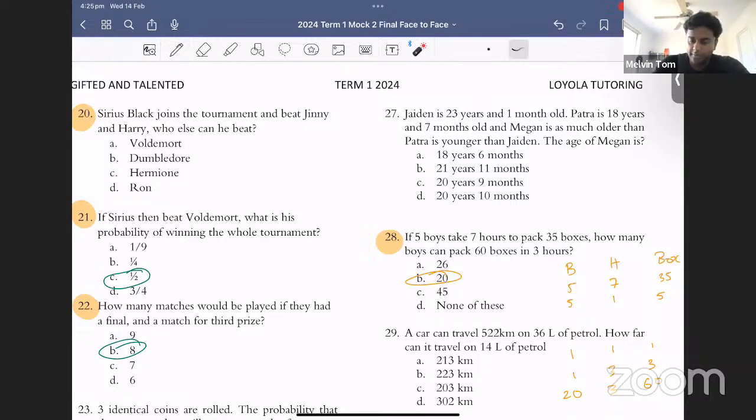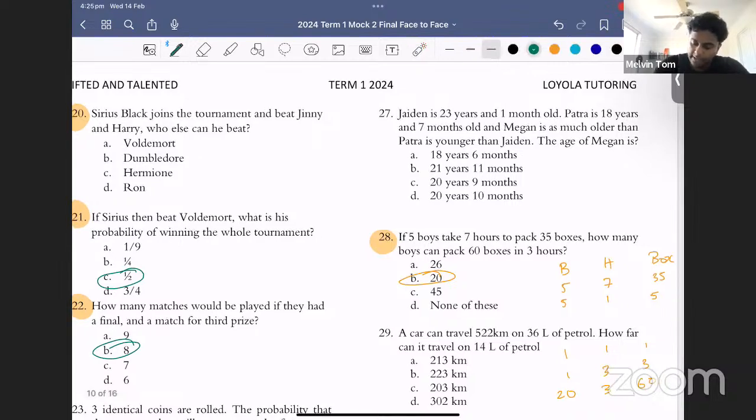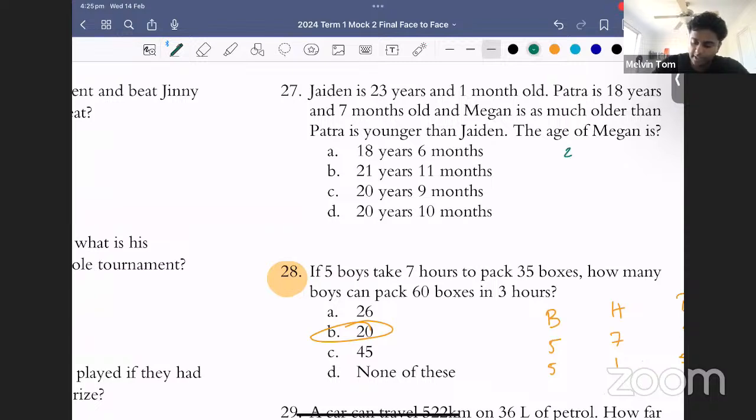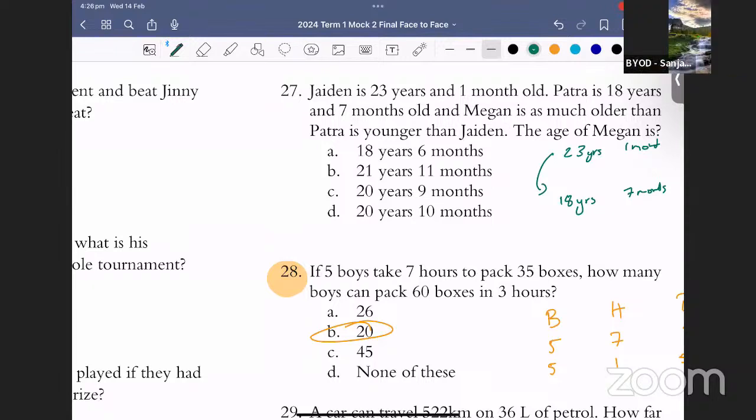Right. So for this question, what we do essentially is write down the ages of each one of them. We have Jaden at 23 years and 1 month, and then Patra at 18 years and 7 months. Between Jaden and Patra, how many years are there? Is it actually 5 years?